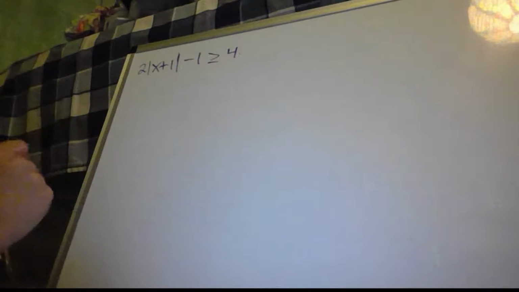I mean, you do, but you do them on a number line. So for example, let me do 3 actually.